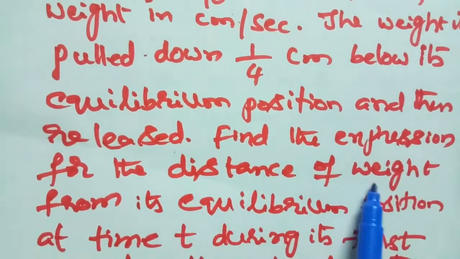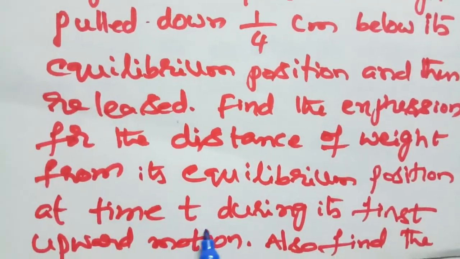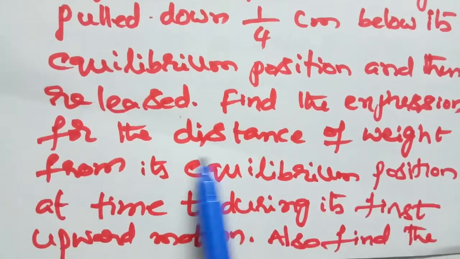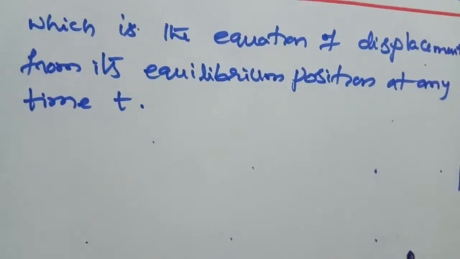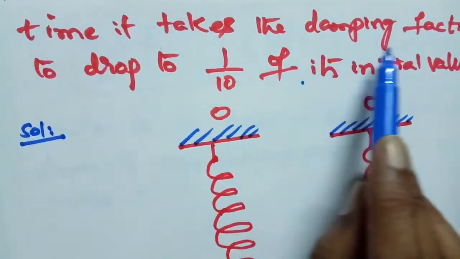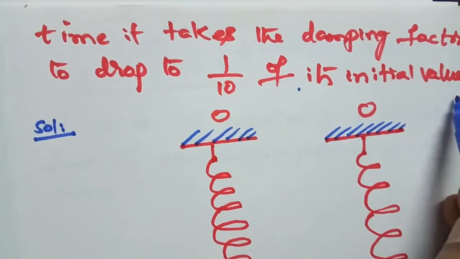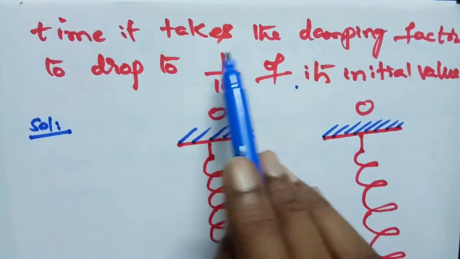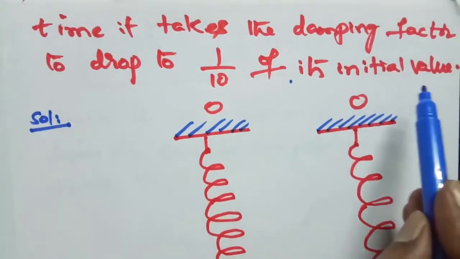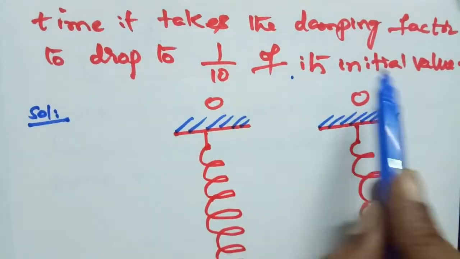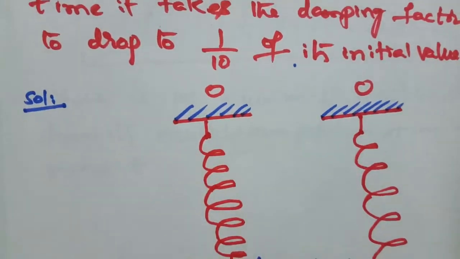Find the expression for the distance or displacement of the weight from its equilibrium position at a time t during its first upward motion you calculated just now. Also find the time it takes the damping factor to drop to 1 by 10 of its initial value. We have to find the time for the damping factor to drop to 1 by 10 of its initial value. So 1 by 10 of its initial value must be equal to damping factor after a certain time. We have to find that particular time.